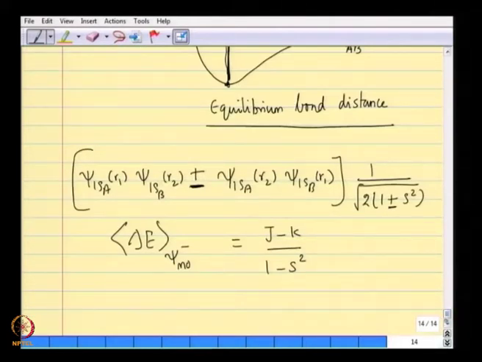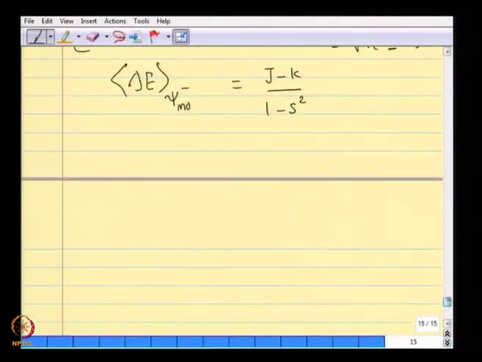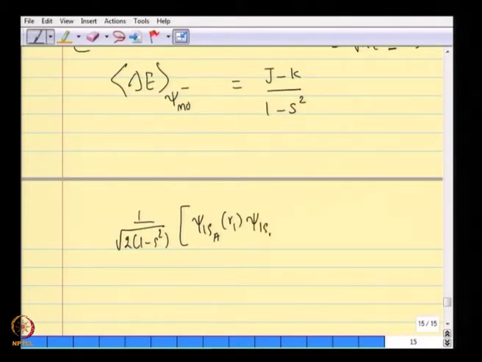If you write this, 1 by square root of 2 into 1 minus s square, psi 1s A of 1, psi 1s B of 2 minus psi 1s A of 2, psi 1s B of 1.